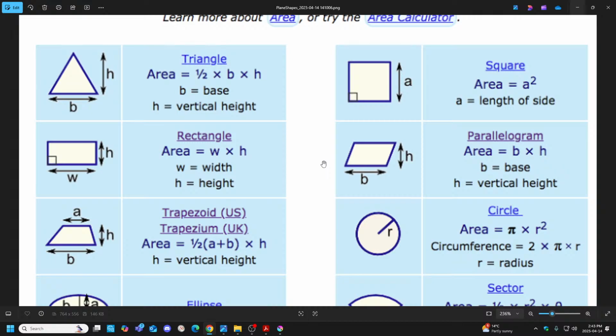Parallel sides: opposite sides of a square are parallel to each other. Parallel means they're on the same plane. So imagine if you have a car driving this way and a car driving this way, both cars are driving parallel to each other. But if you have a car driving this way and a car driving this way, let's just hope there's a red light. That's perpendicular to each other.